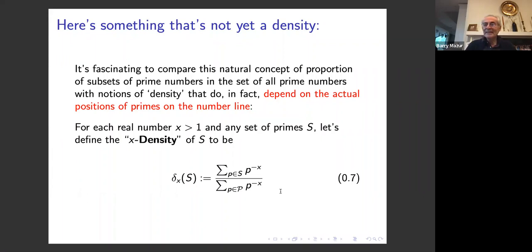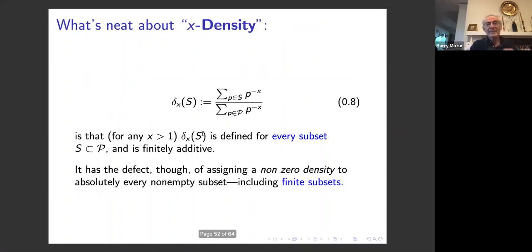A calculus exercise will get you to see that. The numerator and the denominator converge for any real number x greater than 1. So what's neat about this x density is that it is defined for every subset of P, and it's finitely additive. It does have one big defect, though.